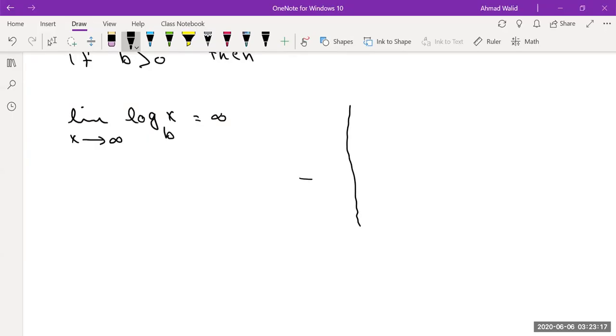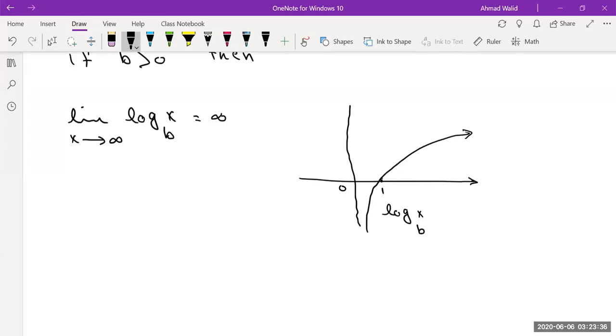Even I graphed the logarithmic functions for you, right? If this is the graph of a logarithmic function like this, the graph of log x base b, here is 1, here 0.